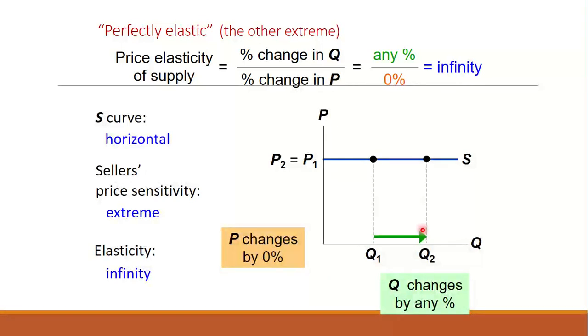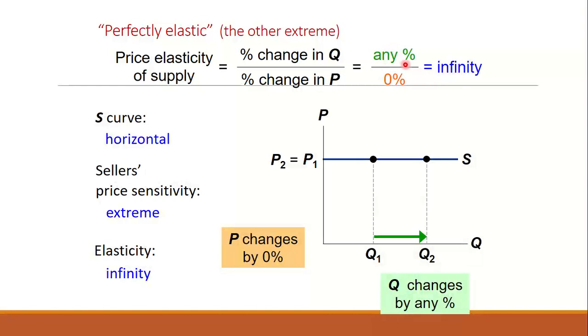And it's infinite. If we add these values in this formula, the percentage change in quantity is any percent. You can add any number according to the table given to you. Quantity changes by any percent over percentage change in price, that is 0. So it is equal to infinity.